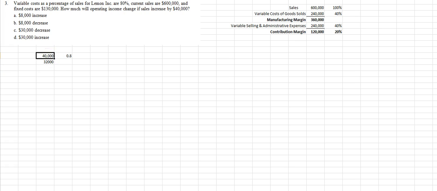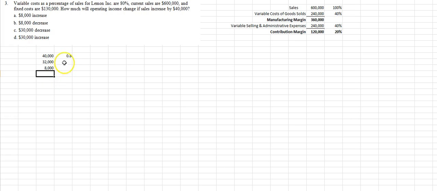And the remainder will go to your bottom line. Let's assume you already covered fixed costs with the first 600,000. So operating income change if sales increase by 40,000 is going to be 40,000 minus 32,000, which is $8,000, right? So the answer to that would be an increase of 8,000.